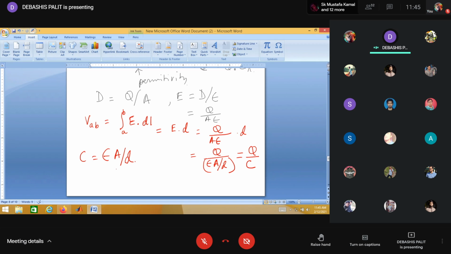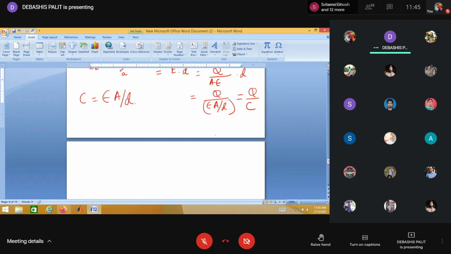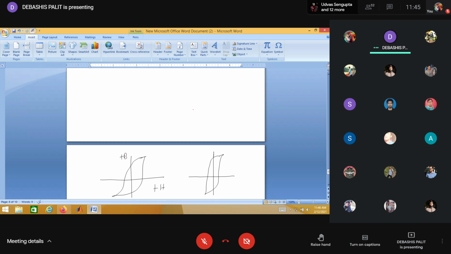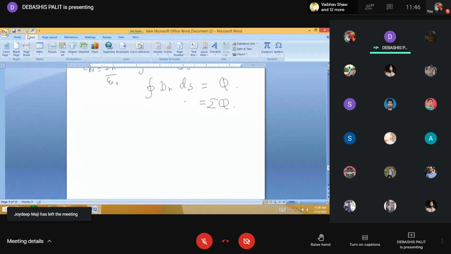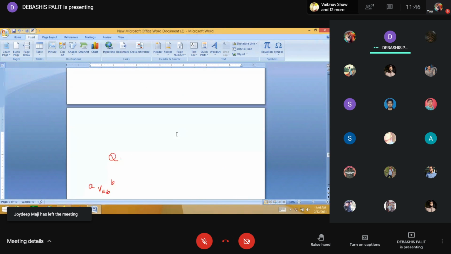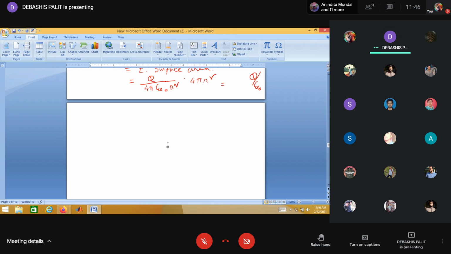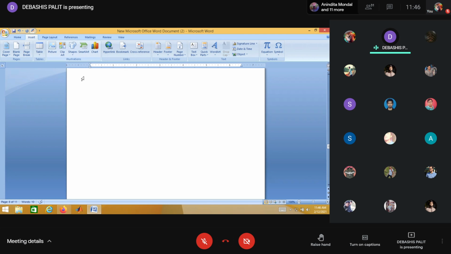So if you consider the charge Q, whenever you consider charge Q, that is equal to capacitance times voltage.